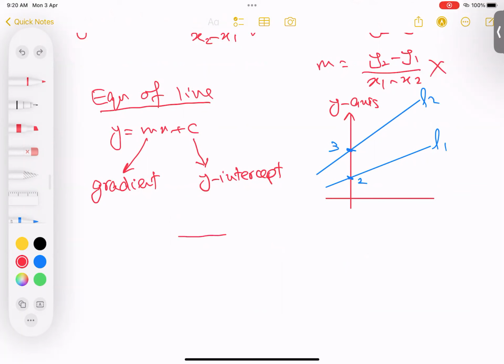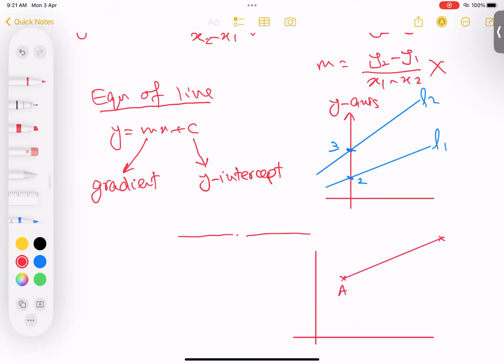Let's start. For example, I make a change at this point and at this point.